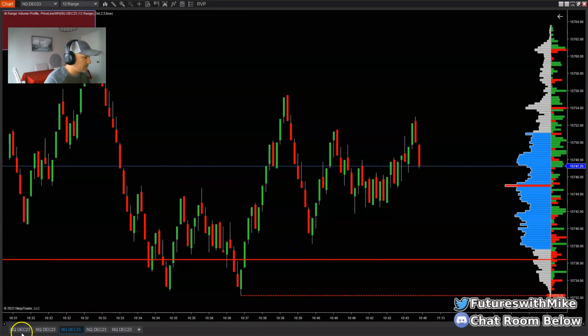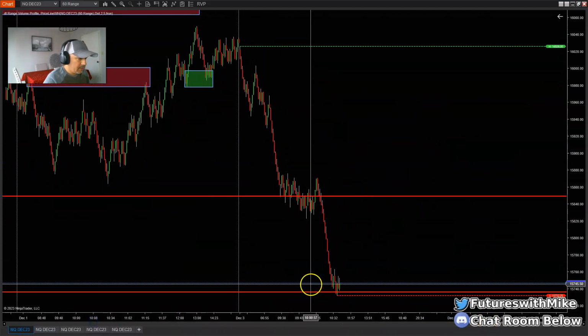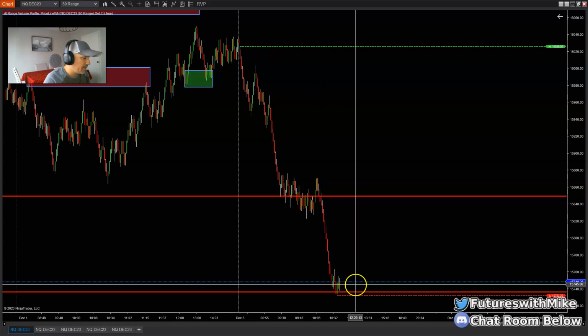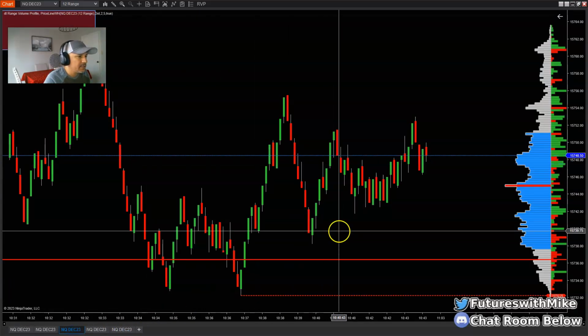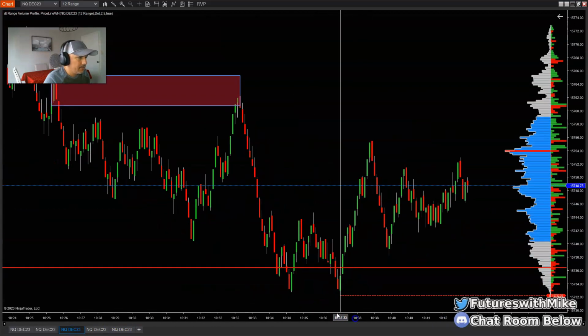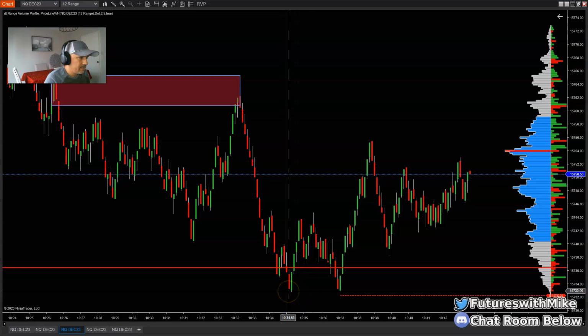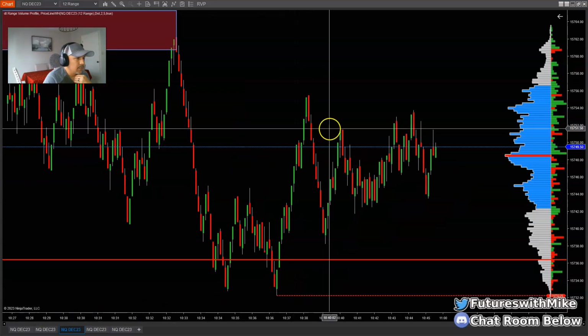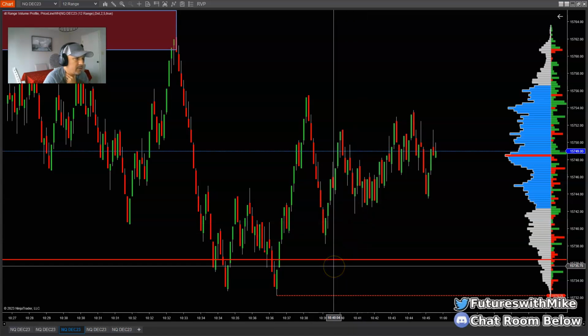Yeah, the market right now, see on the higher time frame, it's still bouncing off of that area I marked, that red line. So to the left hand side of the chart, that's off the higher time frame. So we'll see what happens here. We're definitely moving sideways right now, so I'm going to hold tight.